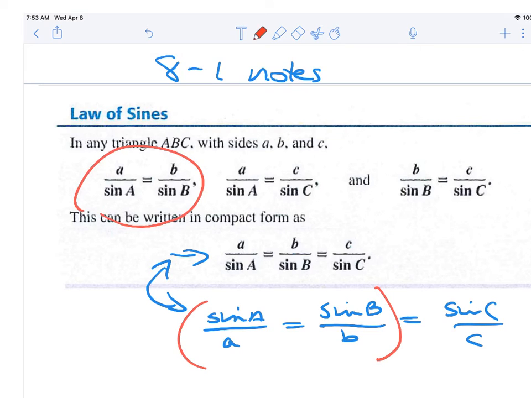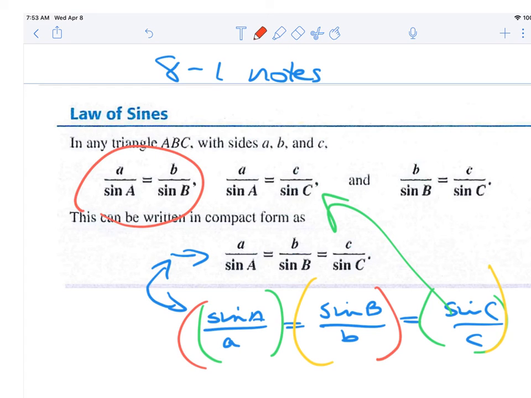So I would do those 2, or I could do this one and this one, or I could do these 2 together, because you're creating a proportion. So if you want to have the formulas written down, have them written down, ready to go.